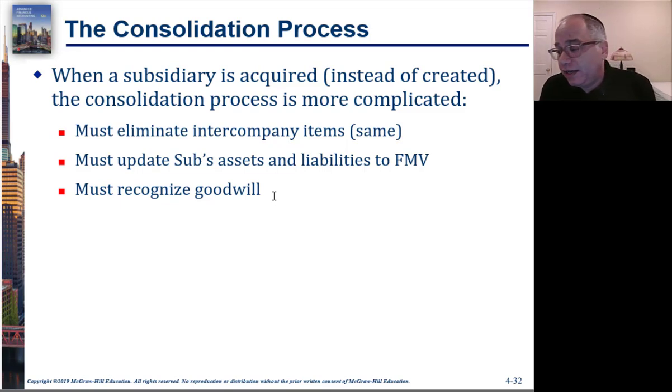These could be things like investment in sub and the stockholders' equity of the sub. It could be dividends paid from the sub to the parent. It could also be receivables and payables. If the sub has a receivable from the parent and the parent has a payable to the sub, those also need to be eliminated.